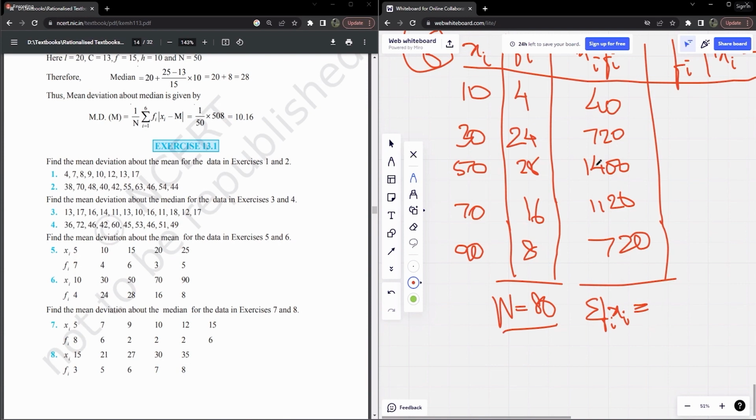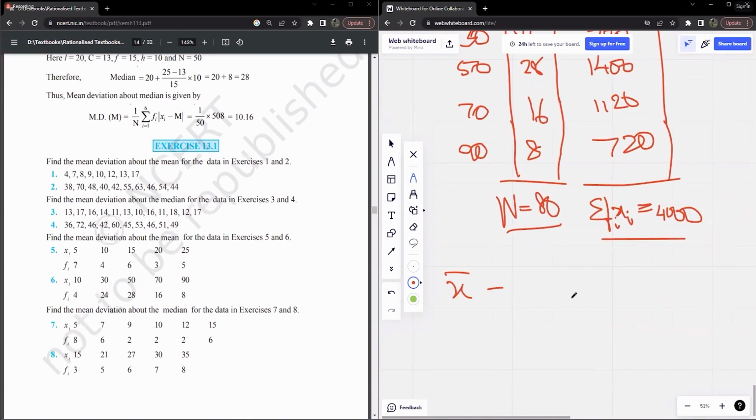Plus 1400 gives me 2840. Plus 40 is 2880. And that plus 1120 is going to give me 4000. Exactly 4000. Right. So therefore, your mean is going to be equal to this divided by this. I'm directly cancelling, I'm not writing the step. So your mean is going to be 50.